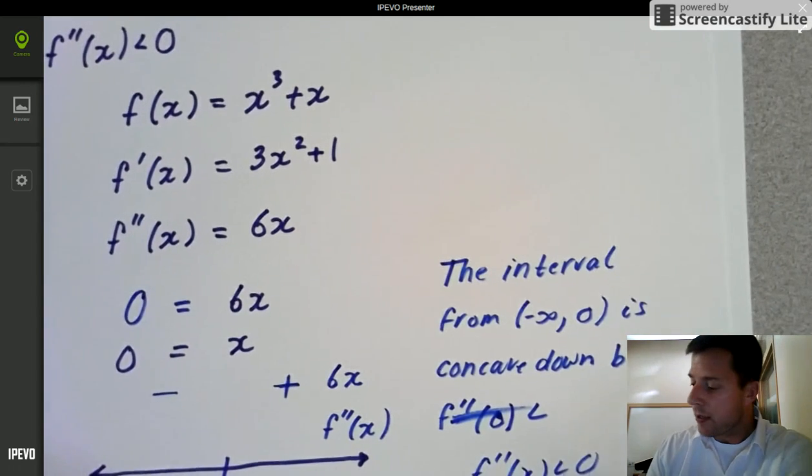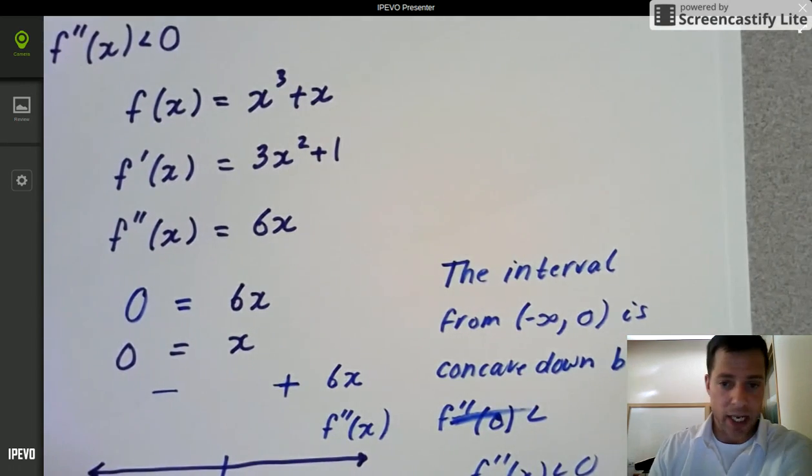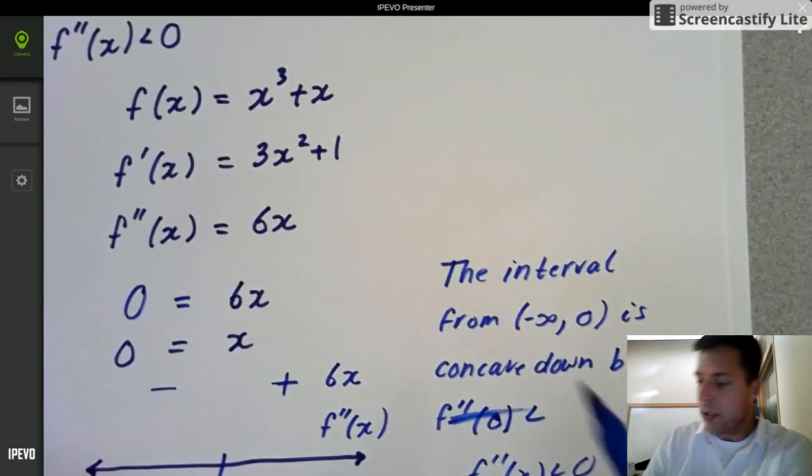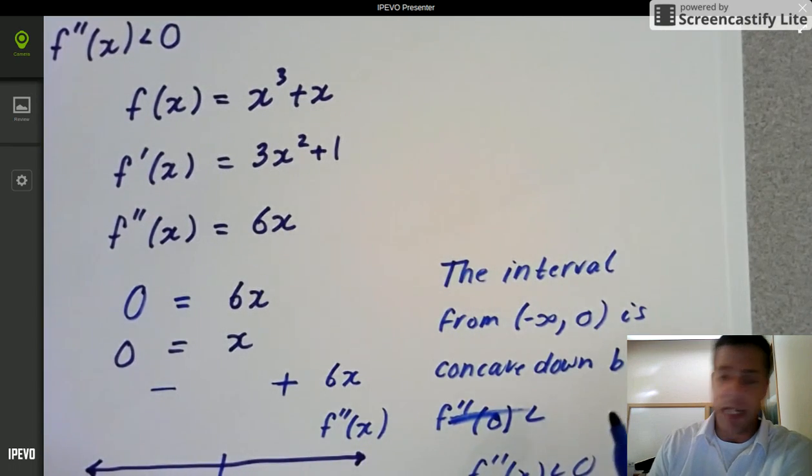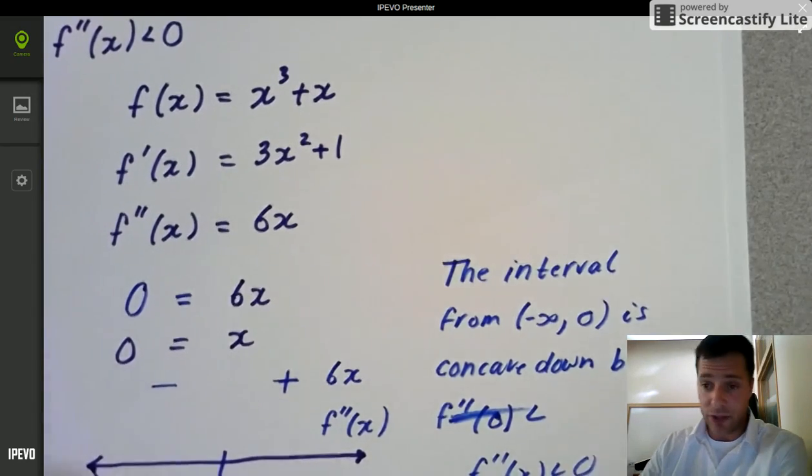Sorry, I kind of botched that up a little bit. So the interval from negative infinity to 0 is concave down because the value is negative. So that's our first example.